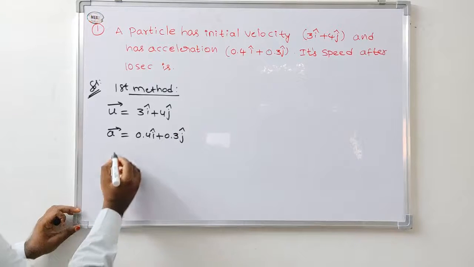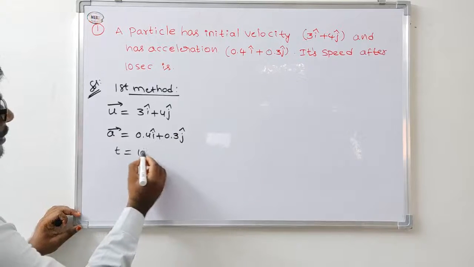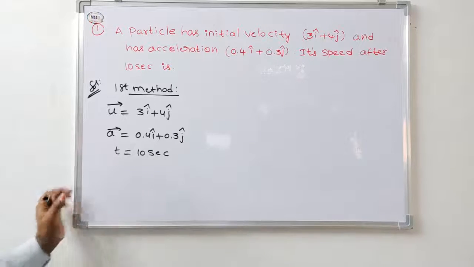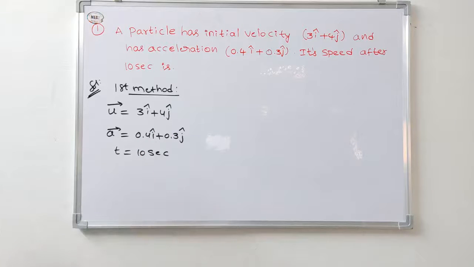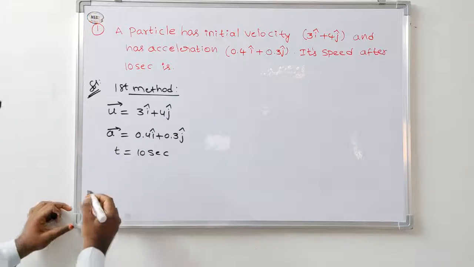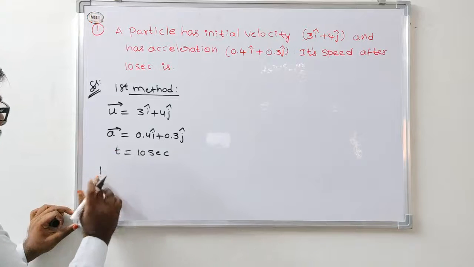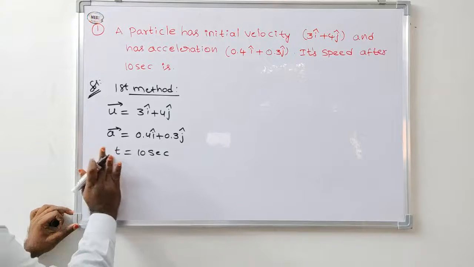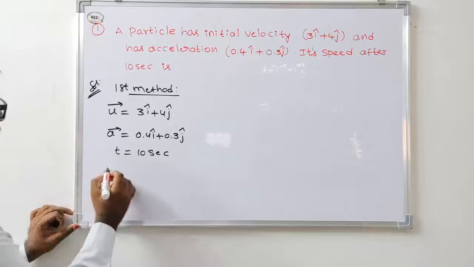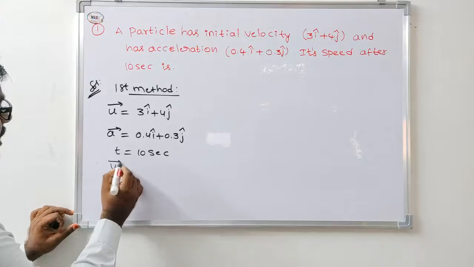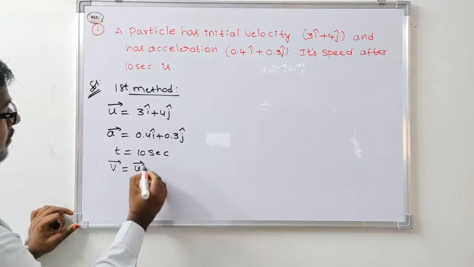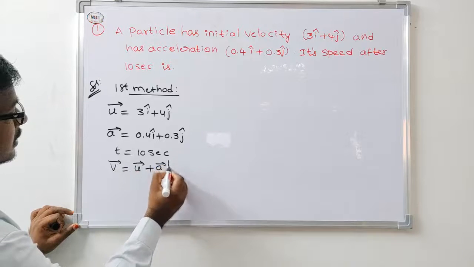Time taken t is equal to 10 seconds. Its speed, the magnitude of velocity, is nothing but speed. Then, according to the kinematic first equation, v bar is equal to u bar plus a bar into t.